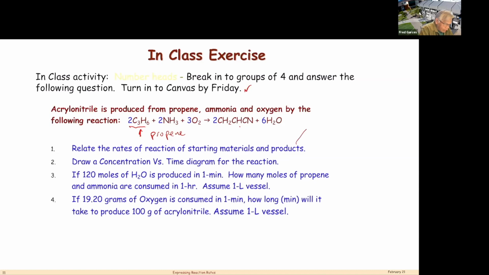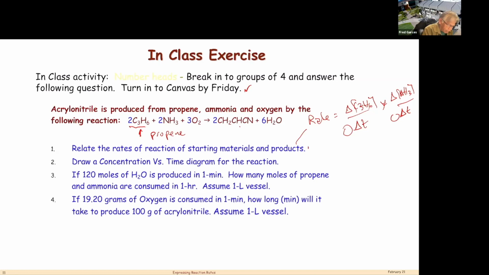So what I want here is I want to do rate is equal to the concentration of C3H6 over delta T is equal to the concentration of NH3 over delta T. And right now this is not equal, but how do I make it equal? Just like in the previous problem. If I want to put an equality sign here, what are the coefficients that I need to put in order to make it all equal to each other?